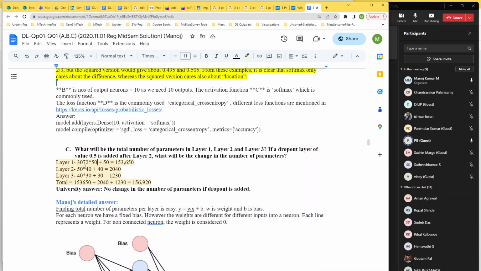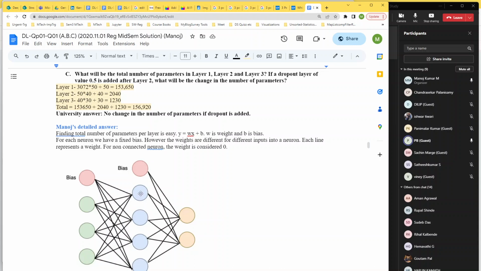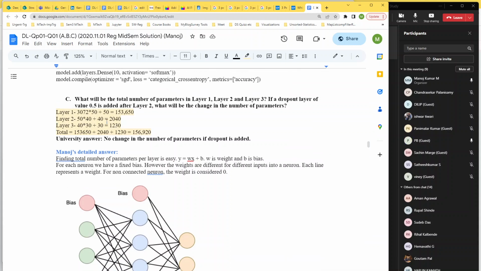So 3072 into 50 will be the number of weight parameters. For example, if we have 4 hidden nodes and the input is 3, then it will be 3 into 4, that is 12 weights, 12 edges. And then the 50 neurons will have 50 biases, so we add plus 50 bias.